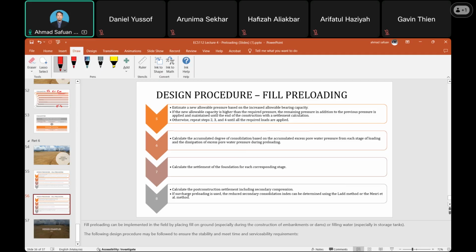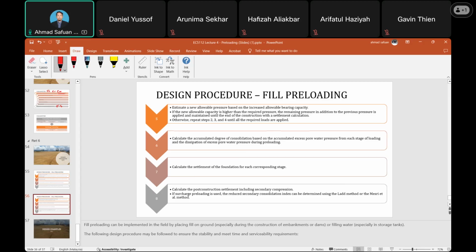So then, after we have completed the construction stage calculation for the settlement, especially for the primary consolidation, we also need to estimate the post-construction settlement after the structure has been used by the public.